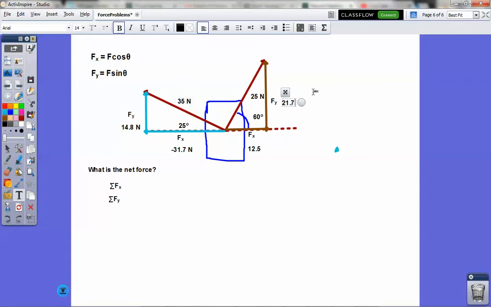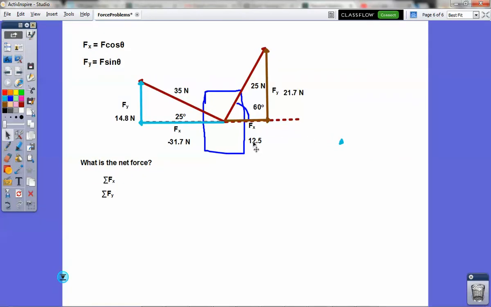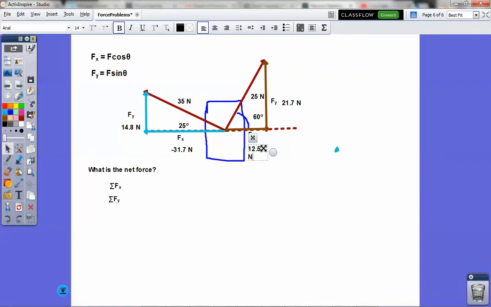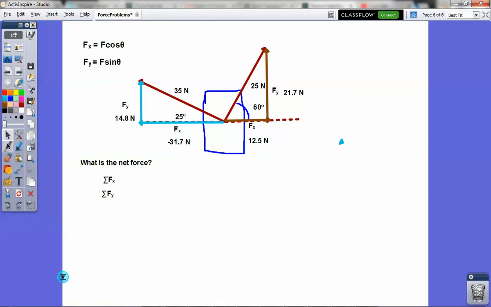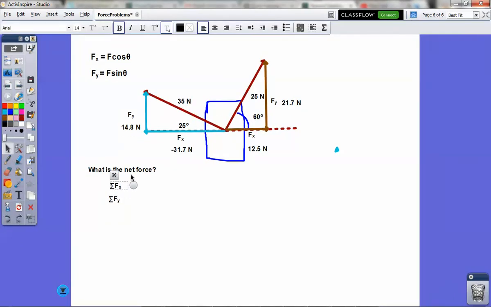Once we do that, we can simply answer the question: what is the net Fx and what is the net Fy? The forces acting in the x direction, there's two of them.